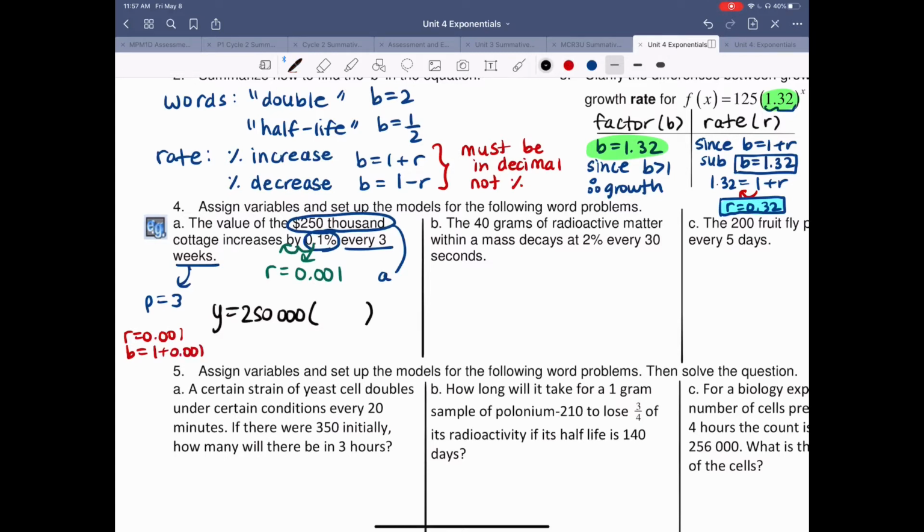And that adds up to 1.001. So that is my base. Meanwhile, I have my X, and my period is 3. So that is how long it's going to take for my money to grow by that much. And so X is in terms of weeks. Meanwhile, the Y is dealing with the value of the cottage.